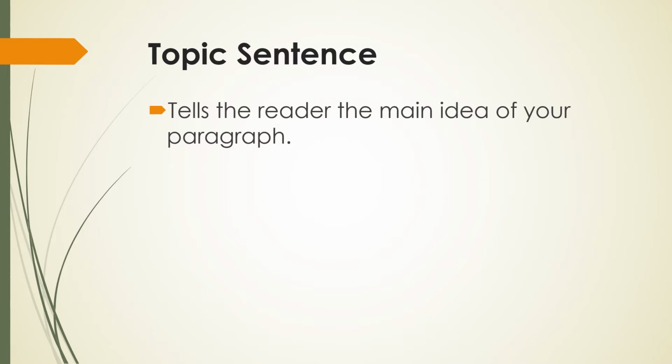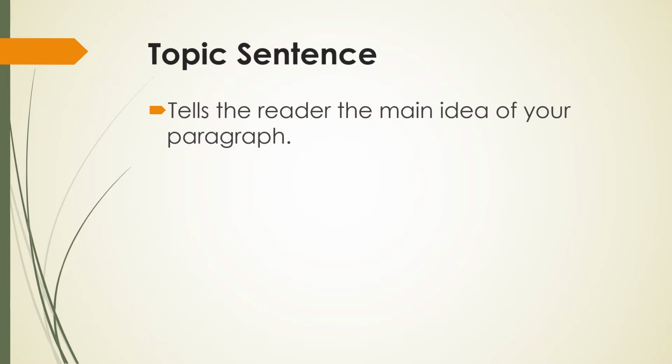Okay, so to compose a paragraph effectively, you should be familiar with its parts. So what are those parts? We have the first one, the topic sentence. When we say topic sentence, it tells the reader the main idea of your paragraph. It reveals also what you generally plan to propose, argue, or explain.